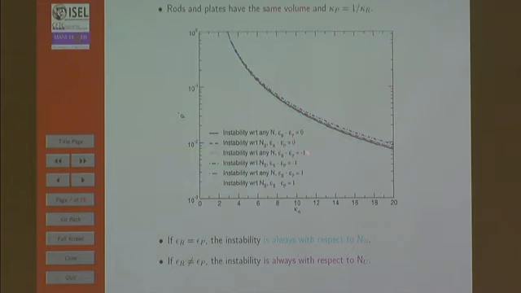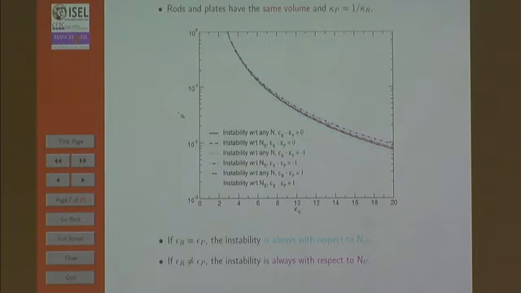If this is non-zero, that is, if you favor either rods in these two cases or plates in these latter two, then the two lines are not on top of each other, which means that your instability is with respect to a uniaxial phase, either N plus rod type or N minus disc or plate type.